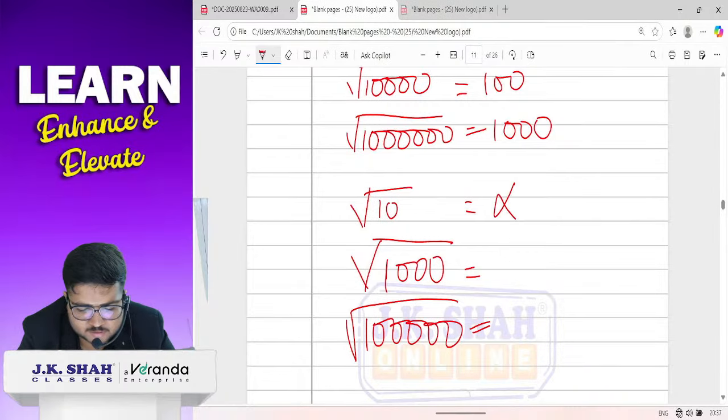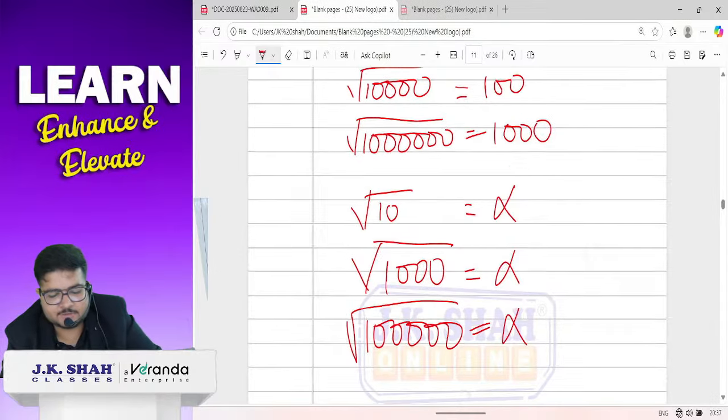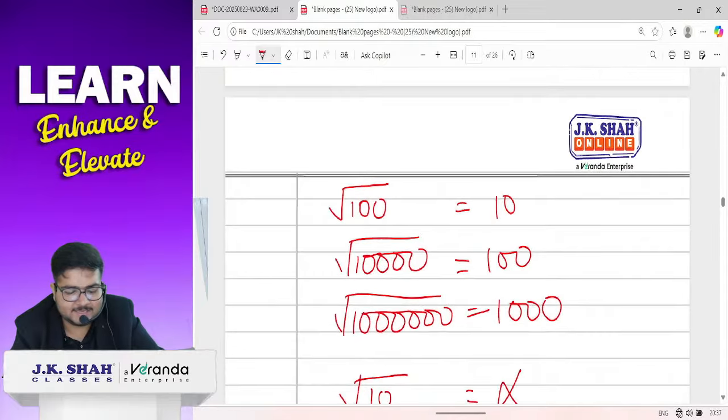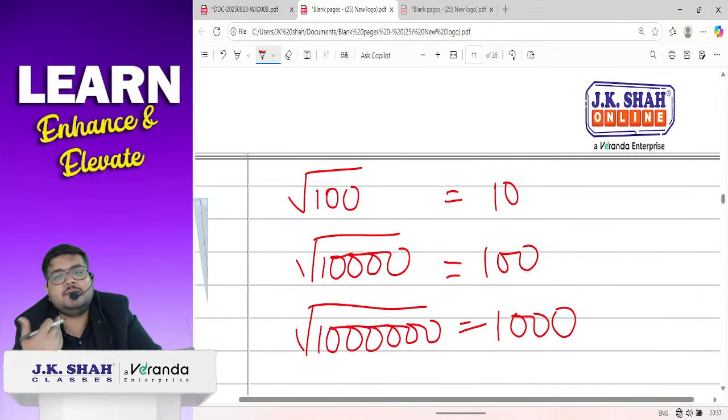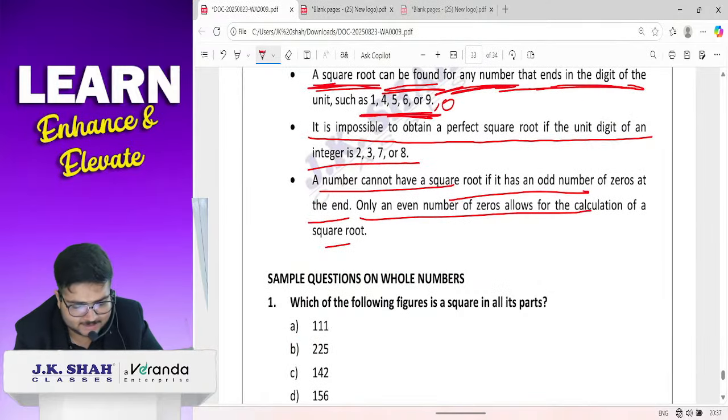This means you cannot solve this. Obviously the answer will be in decimal, but the answer will not be a perfect square root. So that is why when there are an odd number of zeros, you cannot find the perfect square root. When it is ending by an even number of zeros, that only allows you to calculate a perfect square root. I hope you are understanding my point.